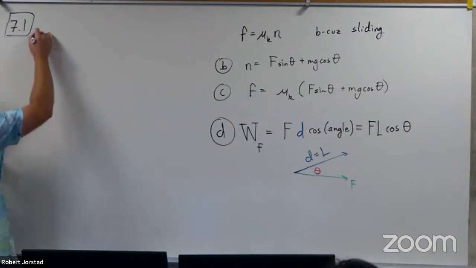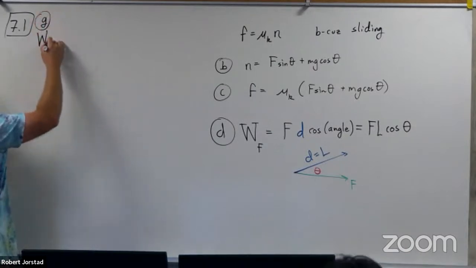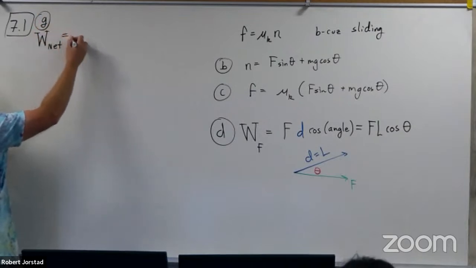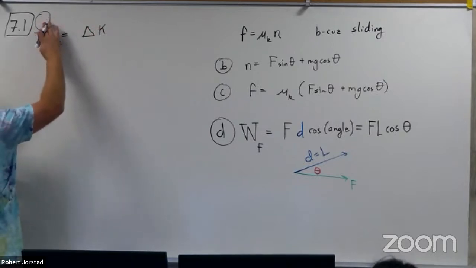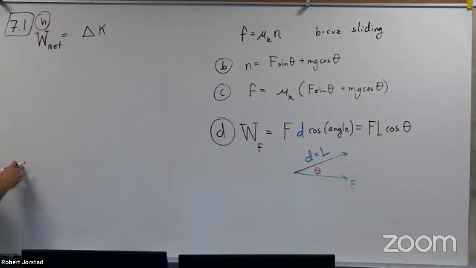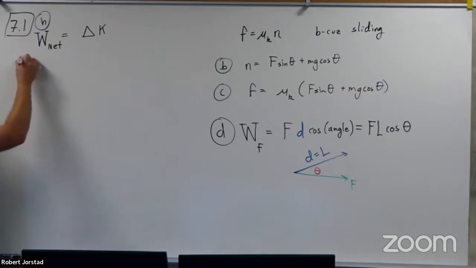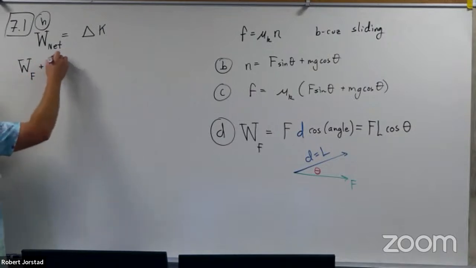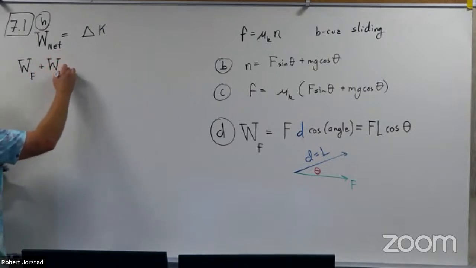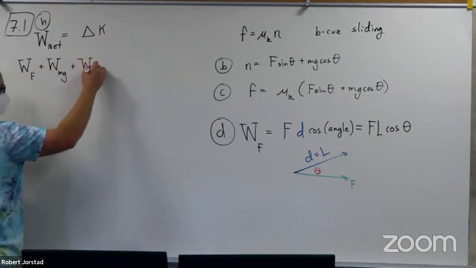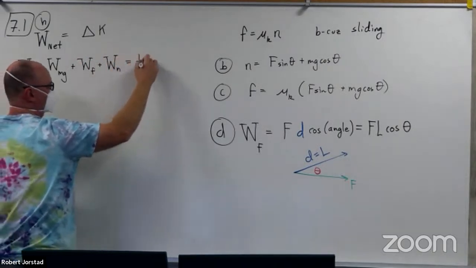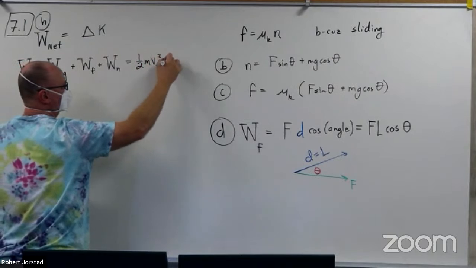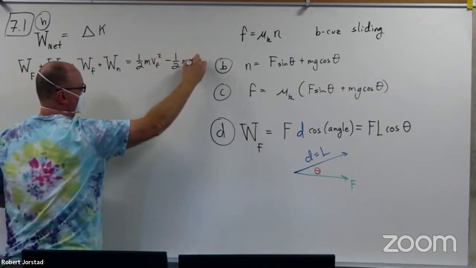Okay. Check this out. Part H. Work net equals delta K. In this case, that's the work done by the force F, the work done by mg, plus the work done by the friction, plus the work done by the normal force, all adds up to 1/2 m v final squared minus 1/2 m v initial squared.